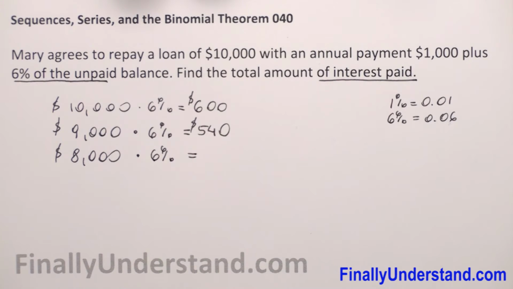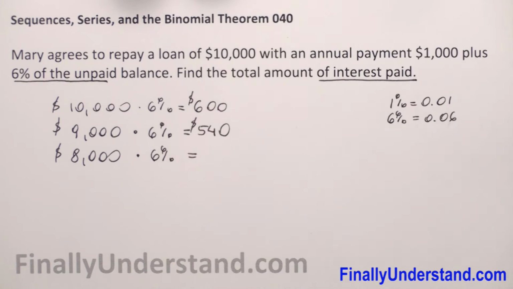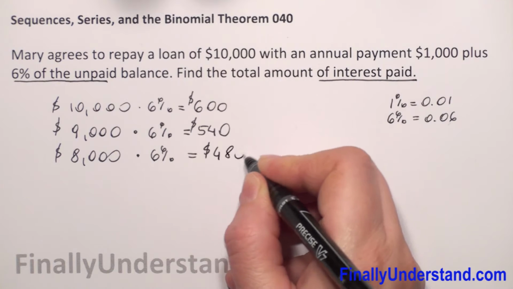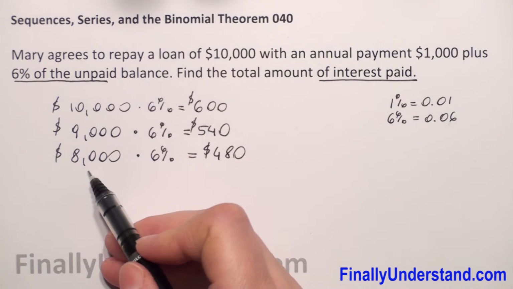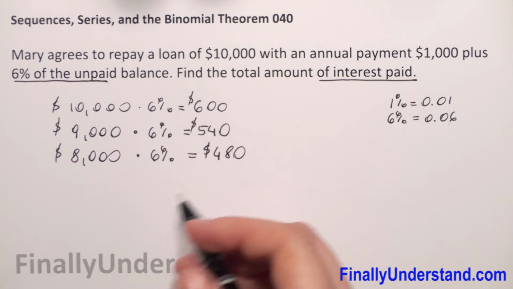So this is equal 8,000 times 0.06. So from $8,000, she has to pay $480 interest.